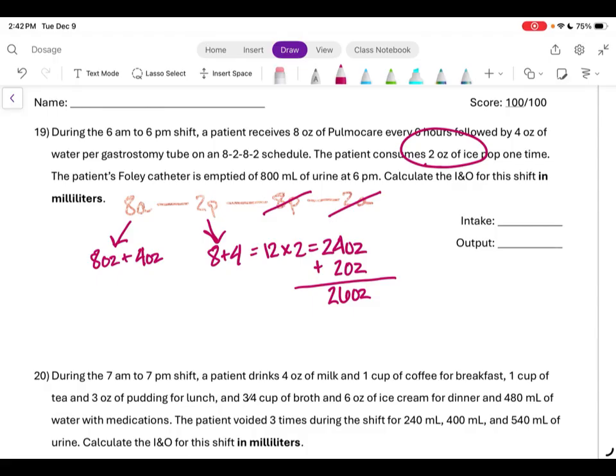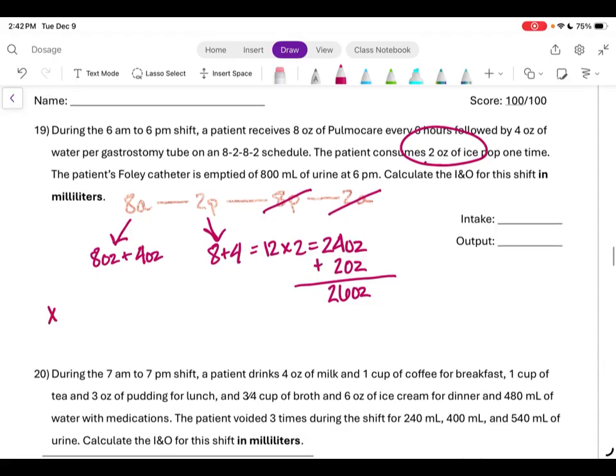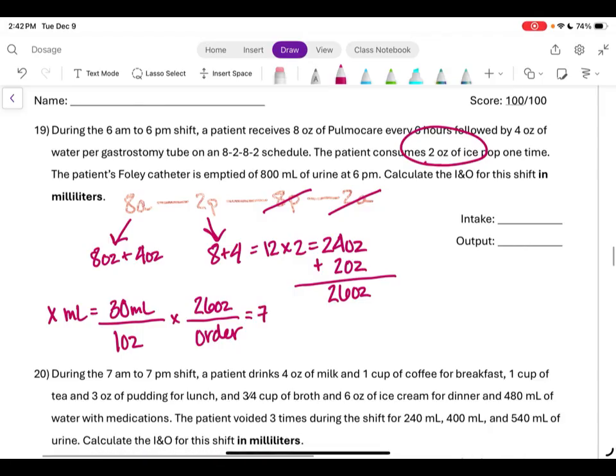Okay. I'm going to figure out how much that is in milliliters. We multiply 26 by 30. We get 780.